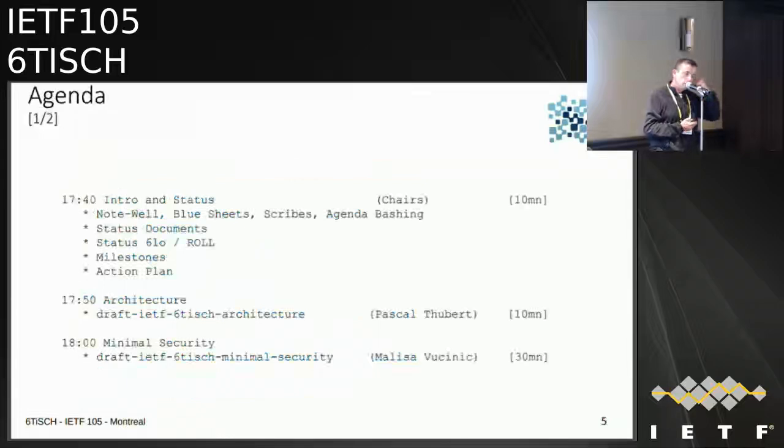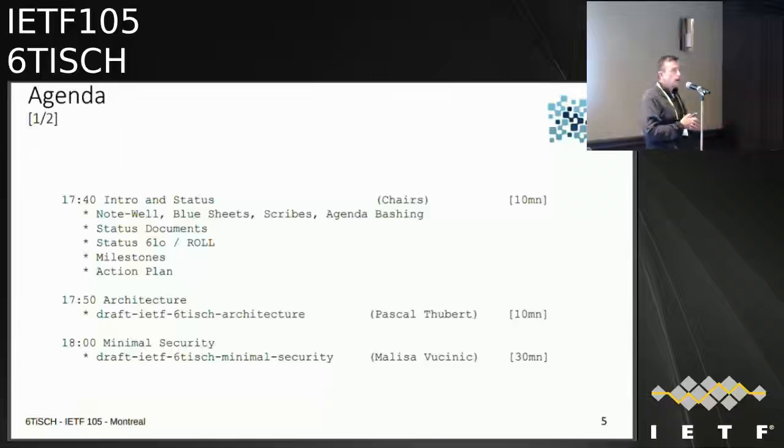So the usual intro status, we'll go through the agenda bashing. If you're unhappy with anything in this agenda, please let us know now. We'll give you a status of what has been going on in the working groups that 6TISCH interferes with. We'll give you a status on the architecture. That's going to be me. Then I'll pass the ball to Malisha.